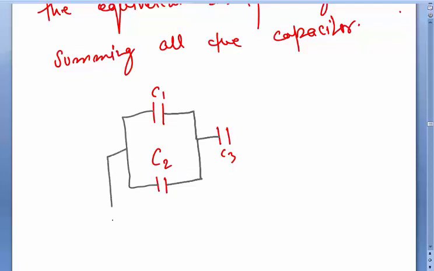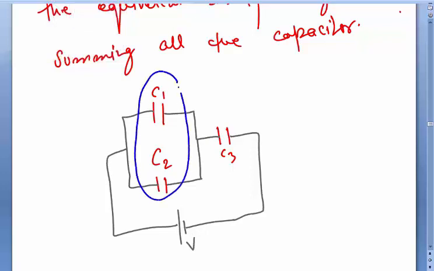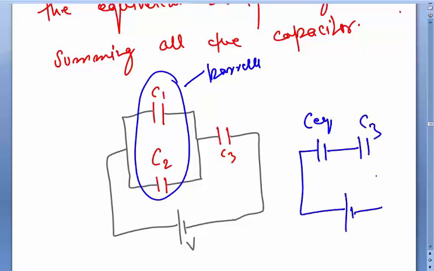Now see, this is V. Now in this arrangement, this C1 and C2, they are parallel and its equivalent will be in series with C3. So if we write C equivalent and then this is C3, this is V. Okay, so this C1 and C2, they are in parallel and it is in series with C3. So these two will be in series.